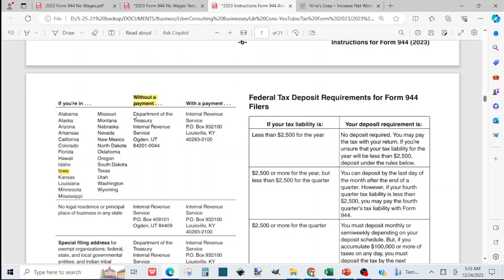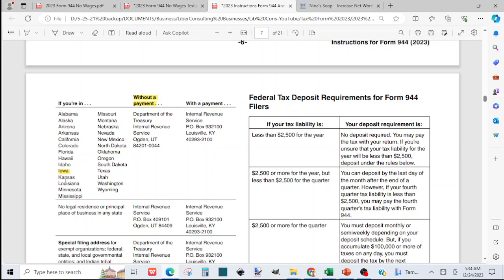Therefore, on the envelope, we will mail the Form 944 to the Department of the Treasury, Internal Revenue Service, Ogden, Utah, 84201-0044. Without a payment. So you print the form out, you sign it, you make a copy for your business record, and you put it in the envelope with the without-payment address that corresponds to the state your business is located in.